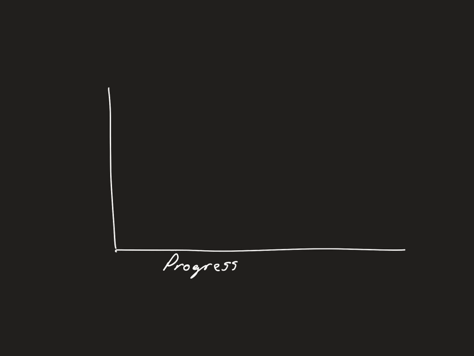So let's just first of all start off by drawing an energy level diagram for an exothermic reaction. As we know, we have the progress of reaction on the x-axis, and you've got the amount of energy on the vertical y-axis.